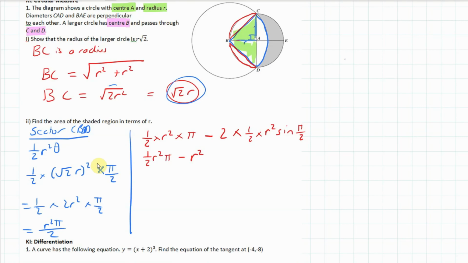Now, what I've just found here, this bit here, is those red bits, right? So I've got the blue bit, I've got the red bit, now I want the grey shaded bit.